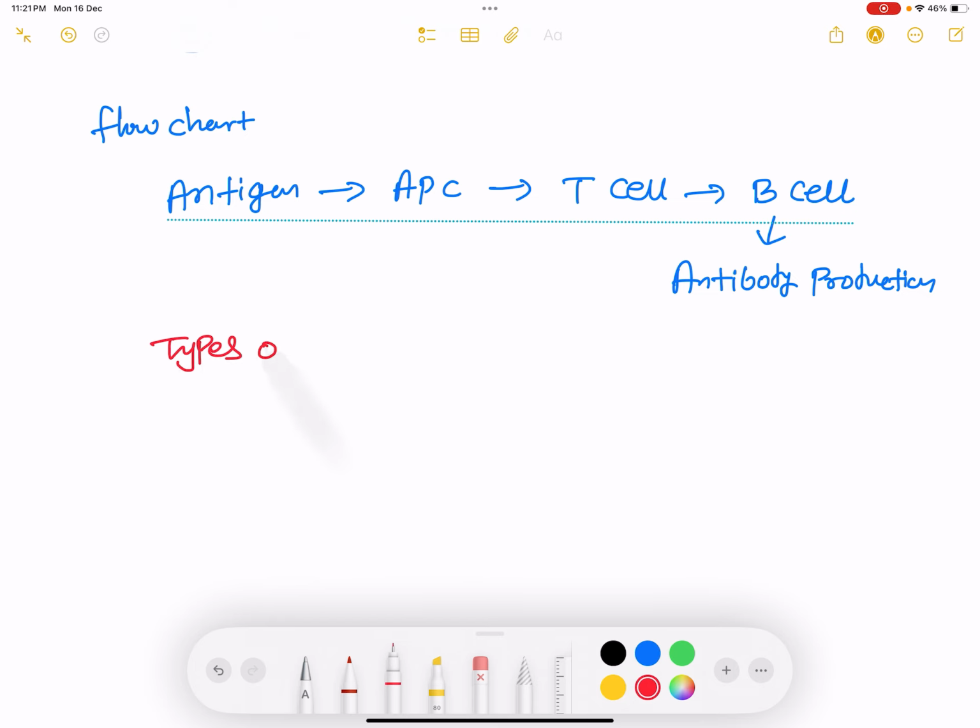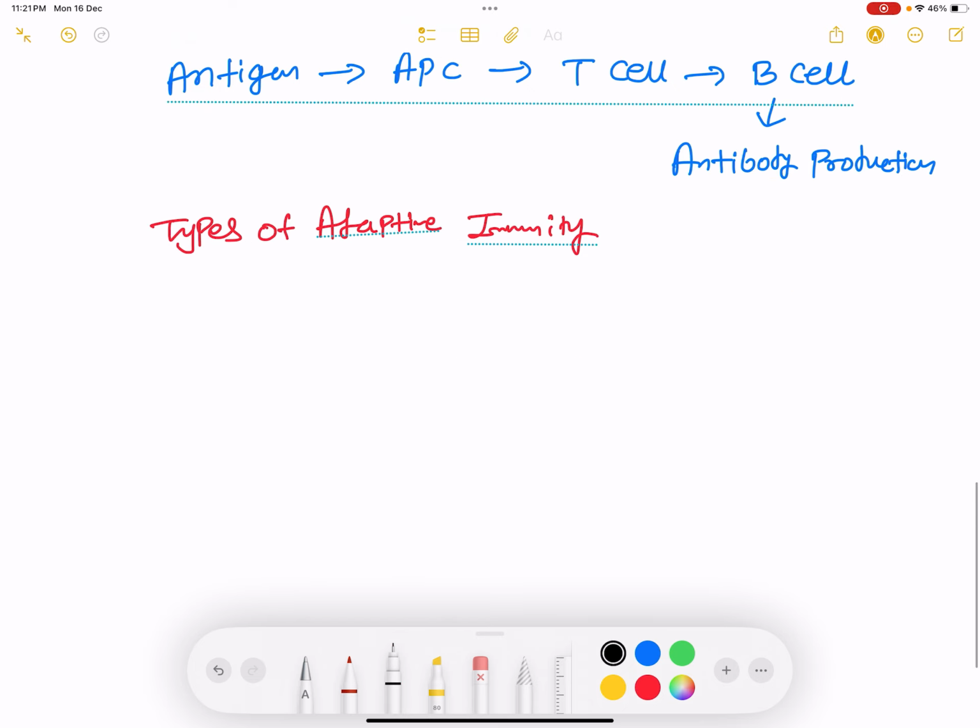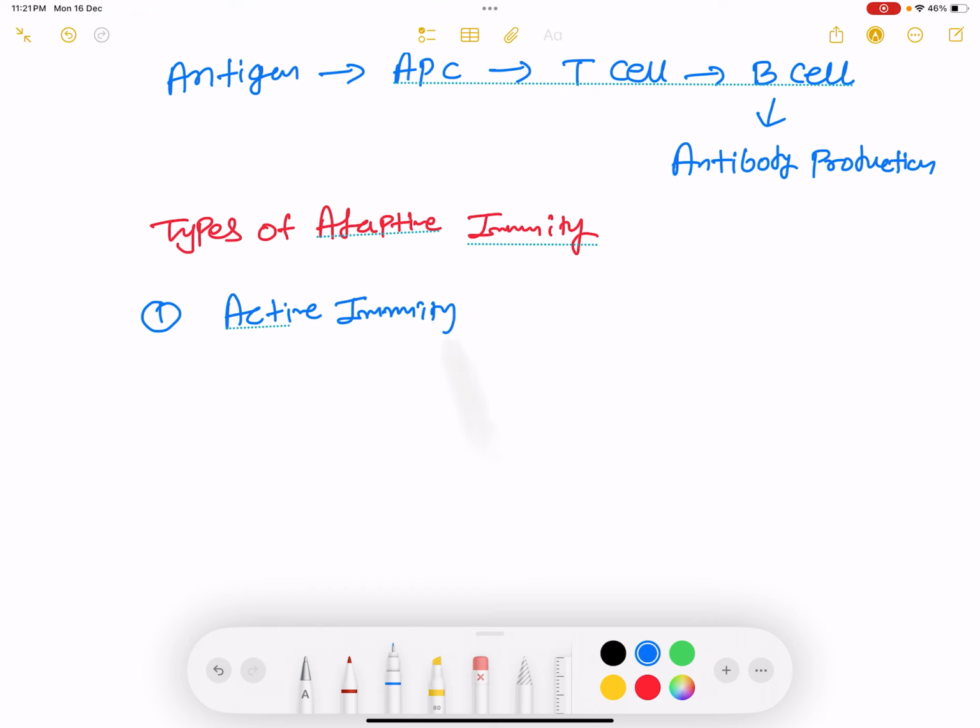Types of adaptive immunity. There are mainly two types in adaptive immunity. First is active immunity. Second is passive immunity.